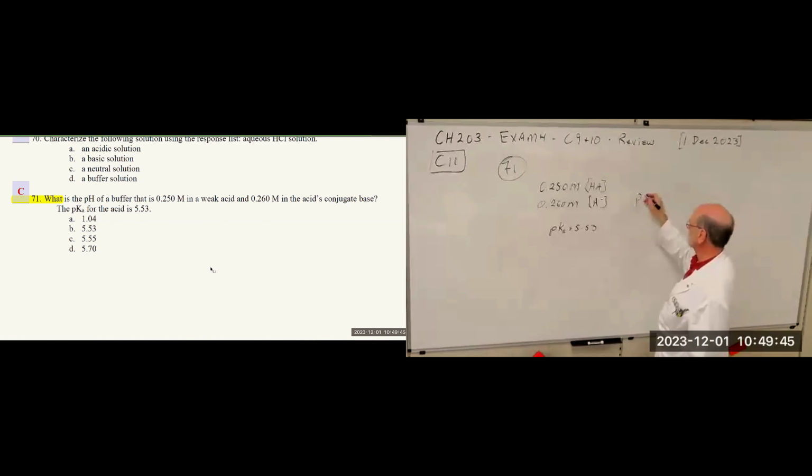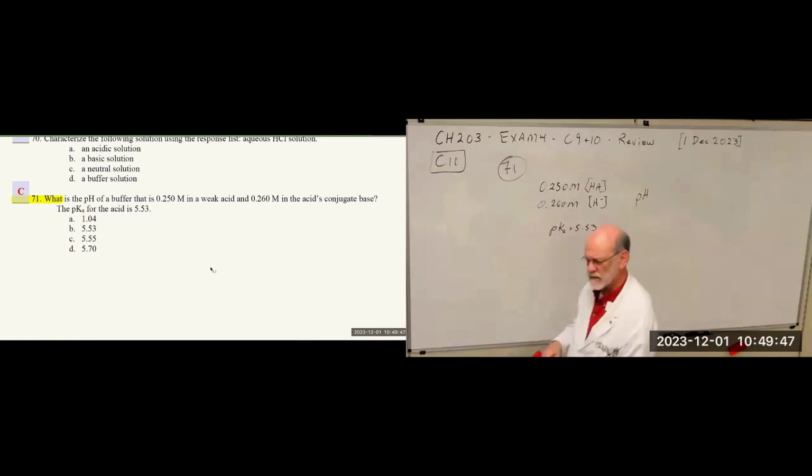Remember the equation? I should have included it with the exam. Let me check to be sure. No, I didn't.